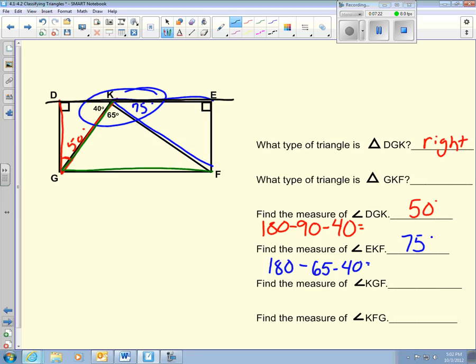We have parallel lines here, and we have a transversal that cuts through there. So take some time and think about that and try to figure out what my missing angle down here is. Once you have that, then you're going to be able to do number 6, which is find the measure of KFG. All right, so come with those two done for tomorrow, and we'll talk about those.